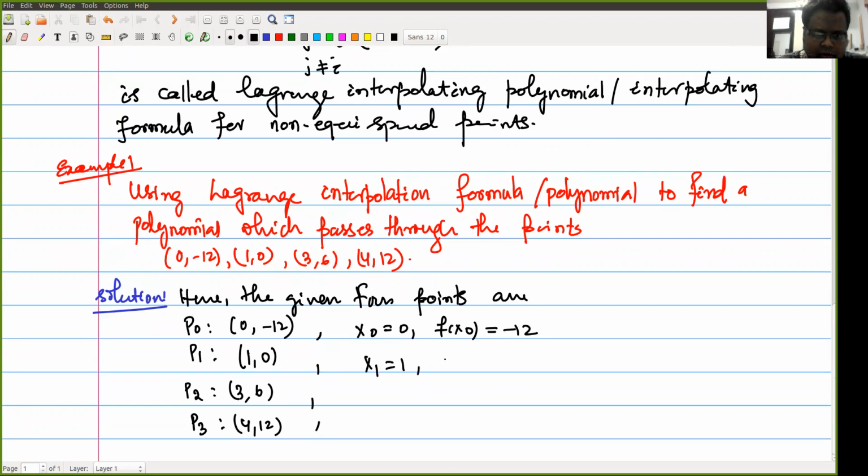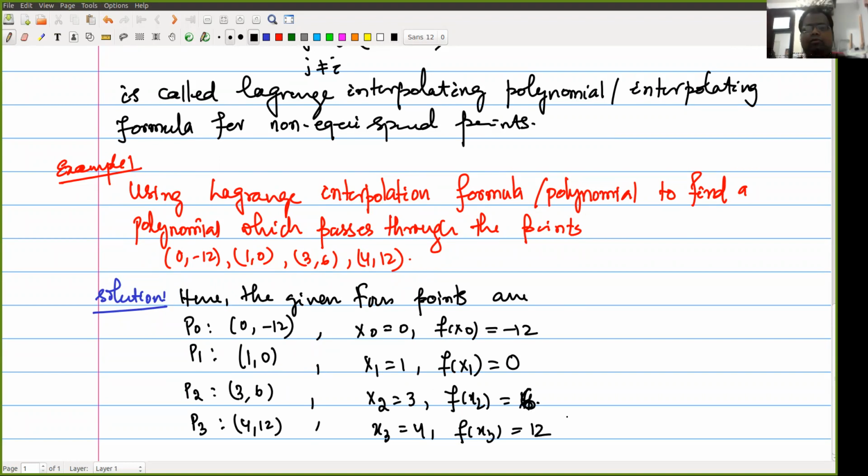So x1 is 1, f of x1 is 0, x2 is 3, f of x2 is 6, x3 is 4, f of x3 is 12.